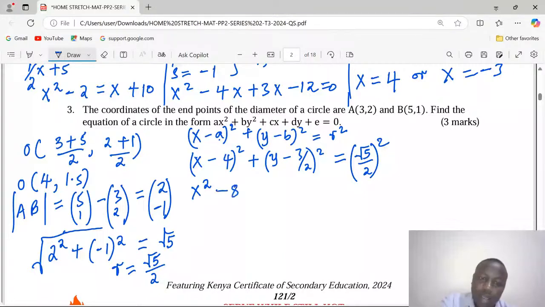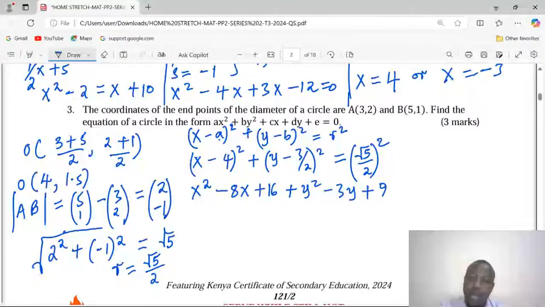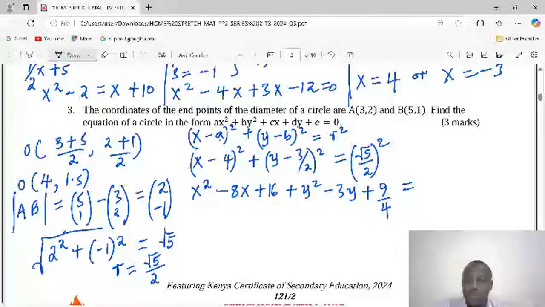Minus 8x plus 16. That is the expansion of the first part. Plus, now the y function expanded will be y squared minus, y times 3 over 2 when you square that part, equal to 5 divided by 4 upon squaring.